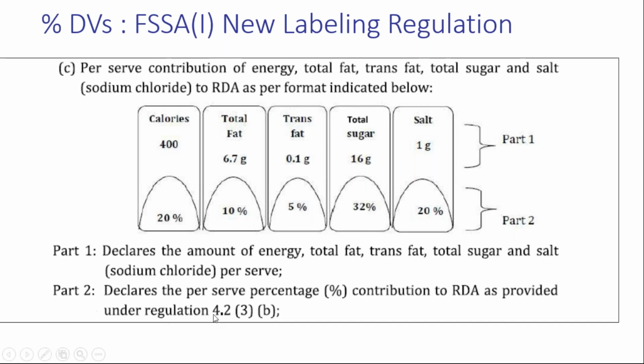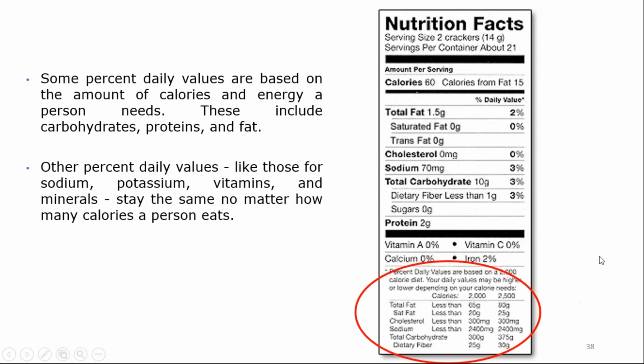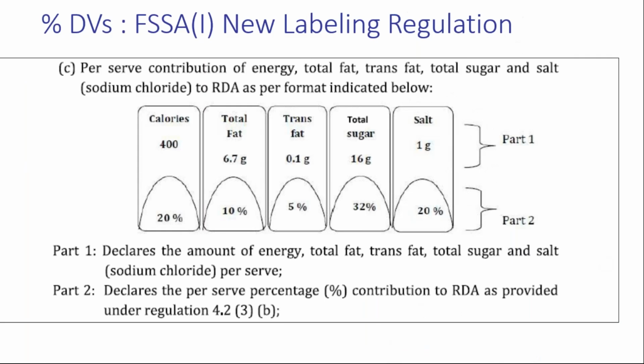And part 2 gives you the per serve percentage of the ingredient. So this is a new system being adopted. It's very similar to what you see here, but we feel that if it is in a different form and more evident, then it will be useful.